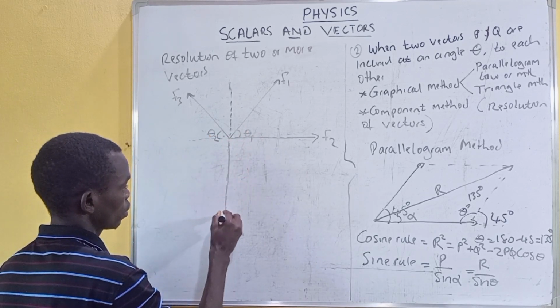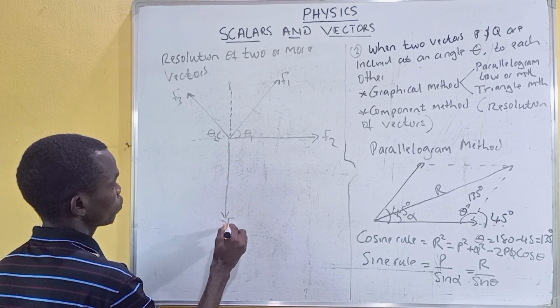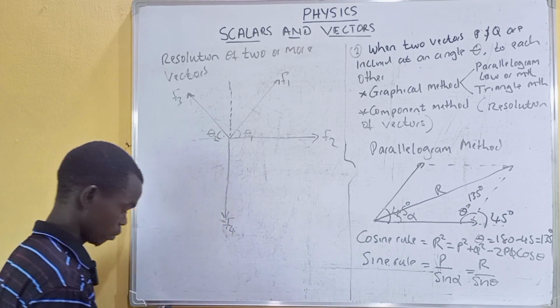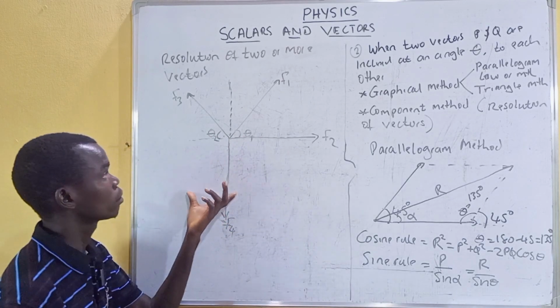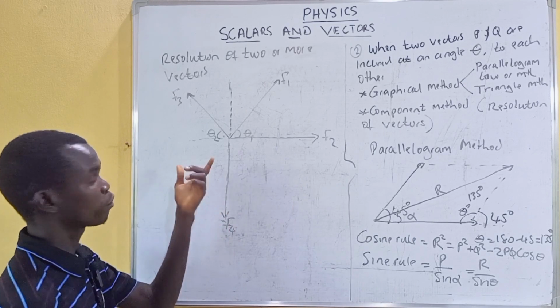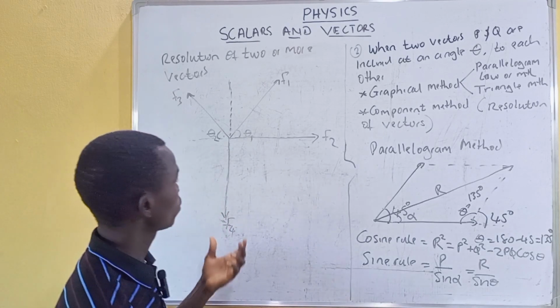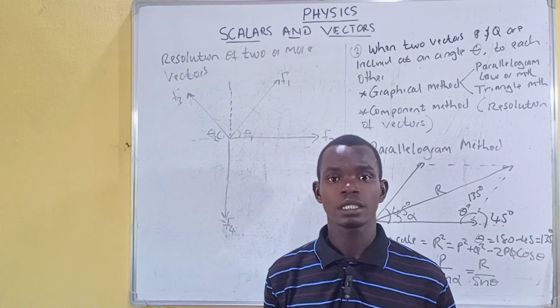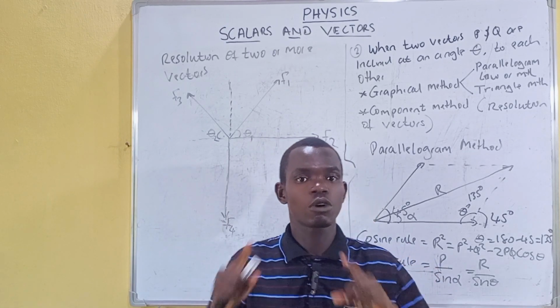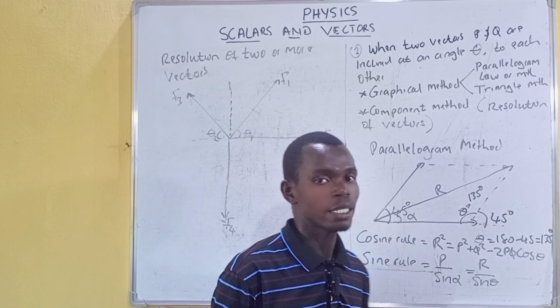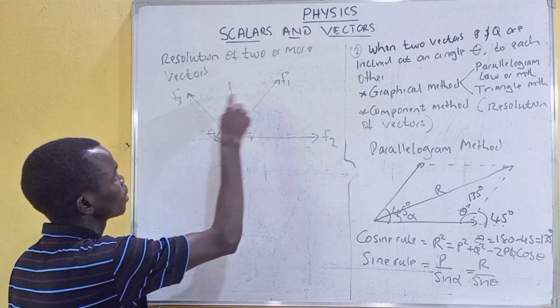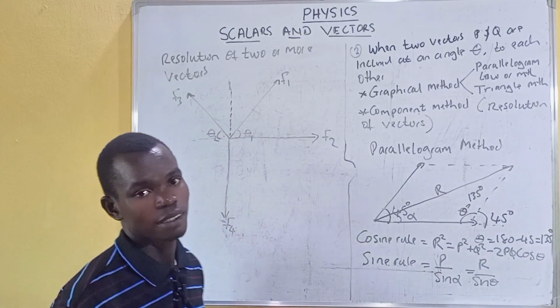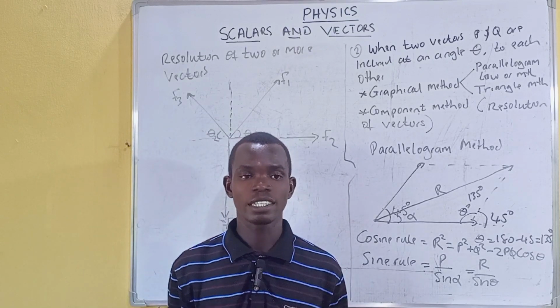Here is our force 4. If you look at this diagram, we have 4 force vectors. The purpose of this is to find the single resultant of all the vectors, that is, the resultant vector and its direction.